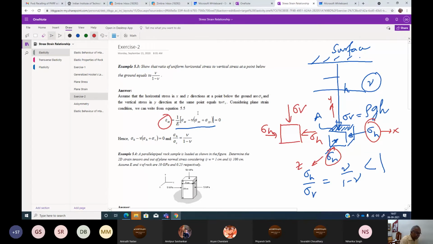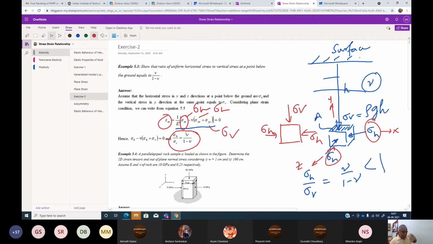When you put that, they relate to this. The only assumption here is that both the horizontal stresses are considered to be the same, which is not basically true, but in this calculation it is assumed.